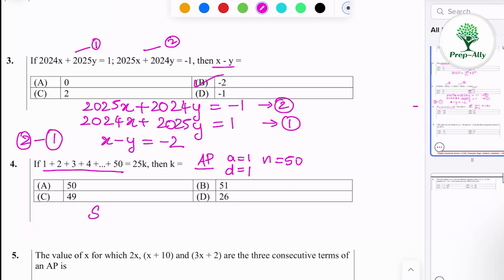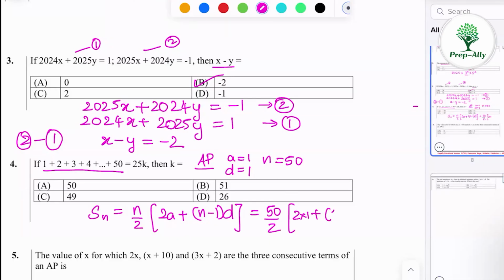So we can write Sn equals n by 2 into 2a plus n minus 1 into d. So this is equal to 50 by 2 into 2 into 1 plus 50 minus 1 into 1, which is equal to 25 into 2 plus 49, which is equal to 25 into 51.